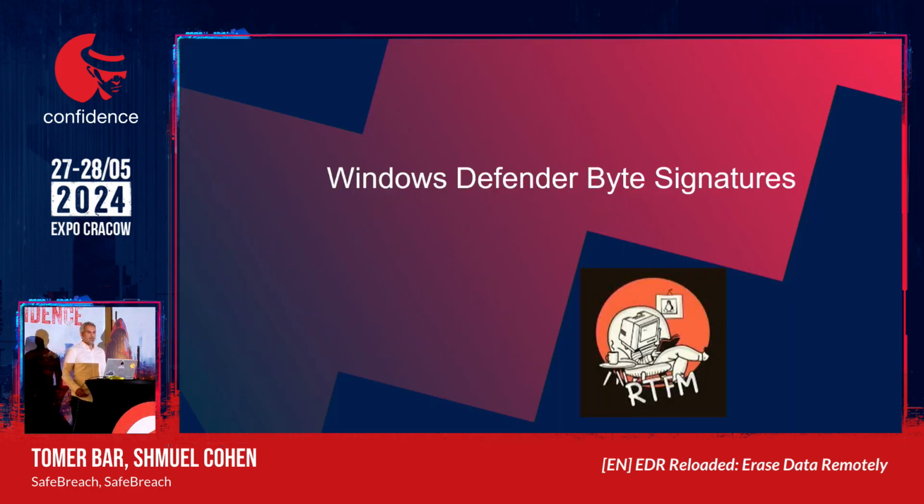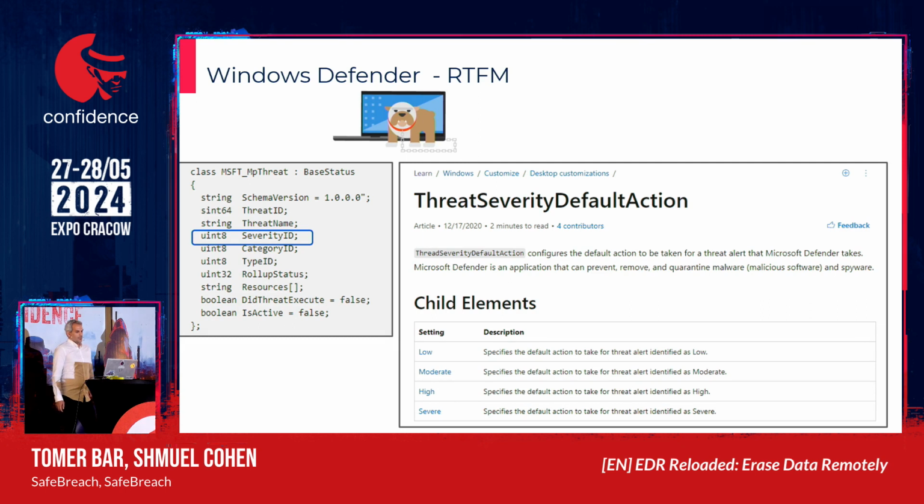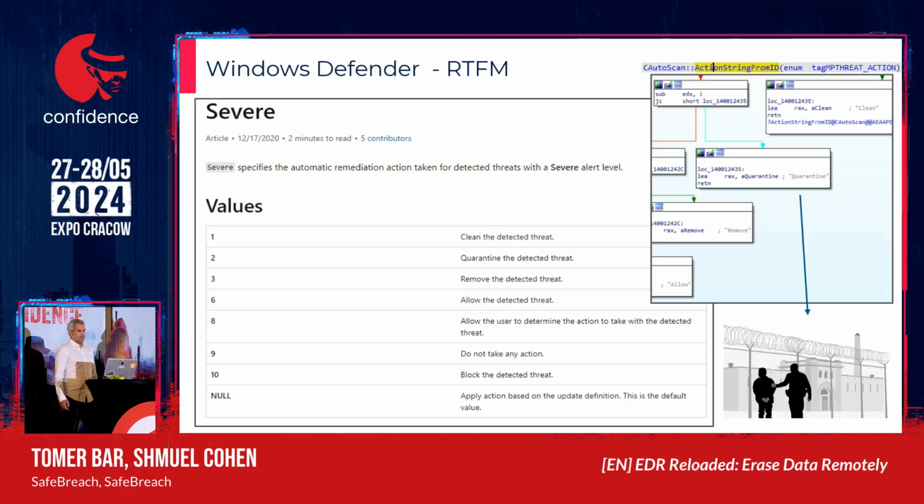So we decided at that point to learn more about Defender threat levels by reading the documentation. We found the MpThreat class, which includes an interesting field, SeverityID. We found out that there are 4 levels of threat severities: low, moderate, high, and severe, and default actions to take for each threat severity.